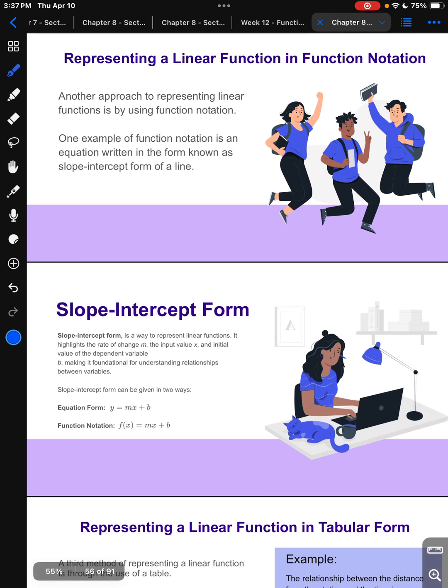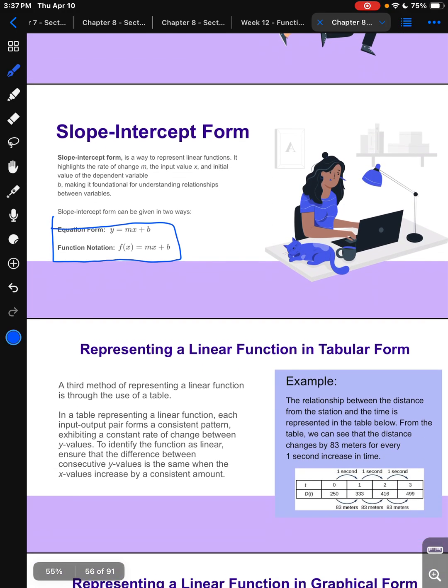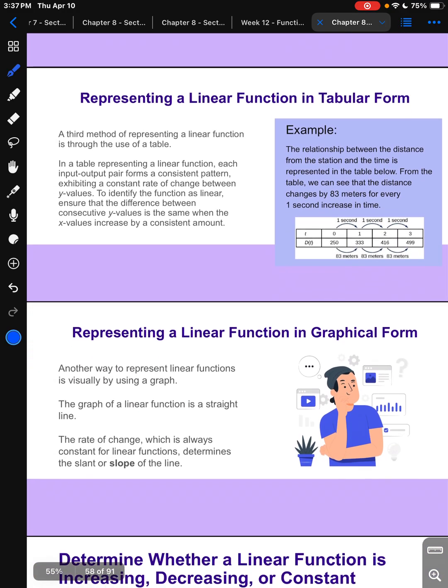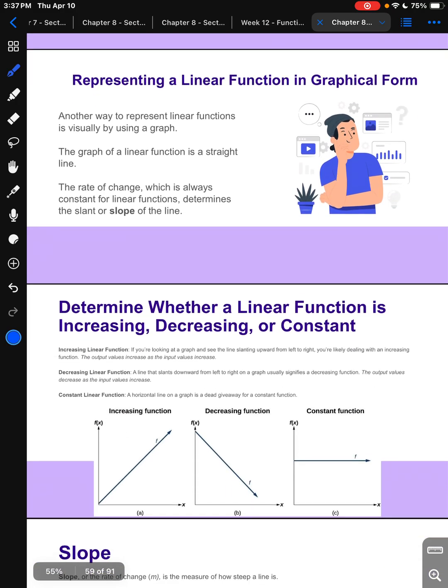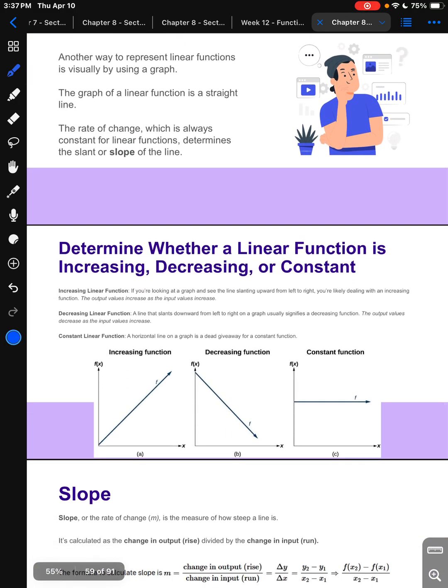Now there's a couple of equations we want to look at. This is equation form, and this is function form. Now when we're looking at a graph, we would say if you're going uphill, it's increasing. If you're going downhill, it's decreasing.